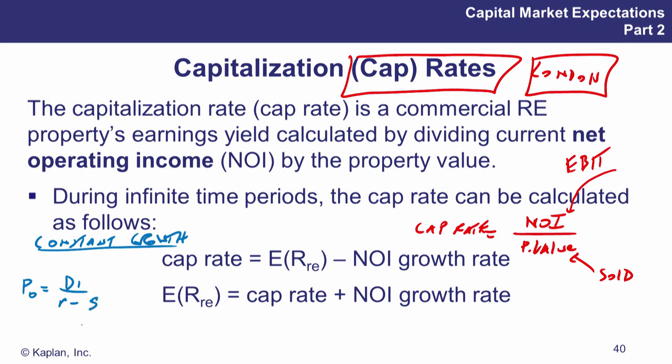If we rearrange this once more, our expected return is D1 over the price, plus the growth. I know you know your way around this very well. And so what you have here, as we've said, is the yield.